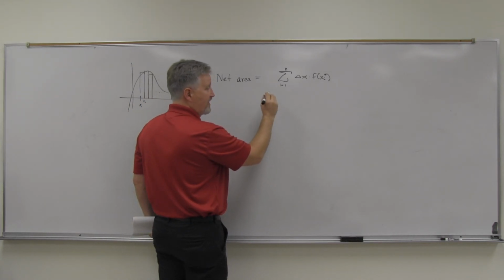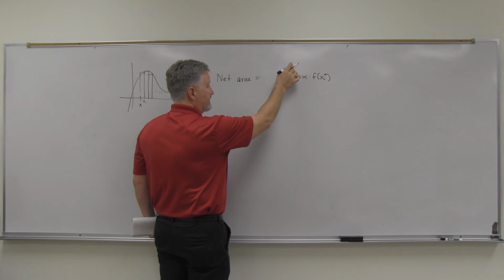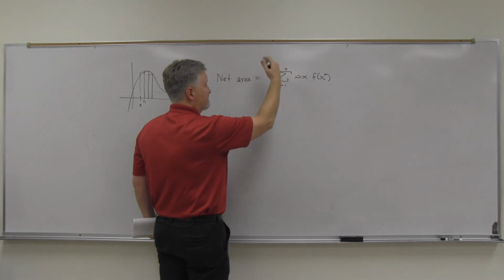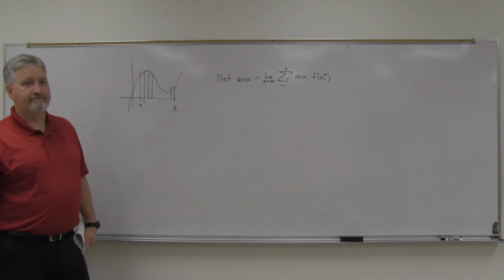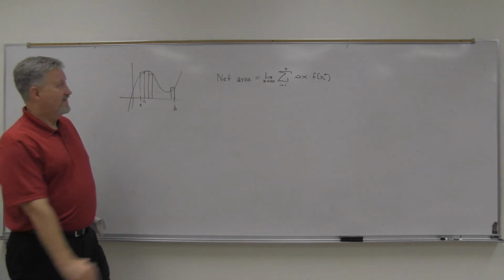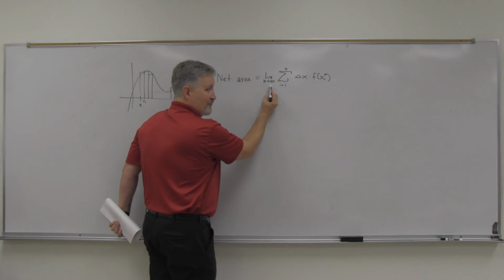So here's how I do that. If I take n and make it 1,000, make it 1,000,000, let n run to infinity.